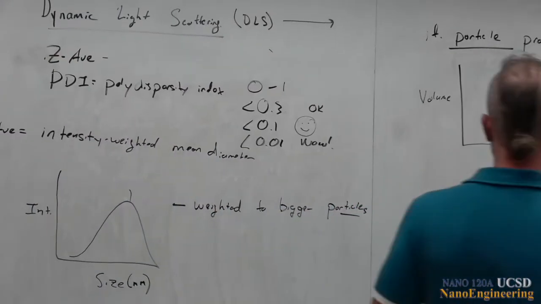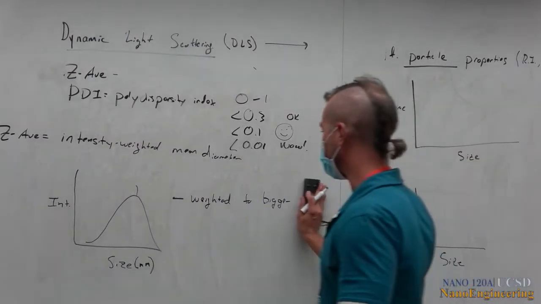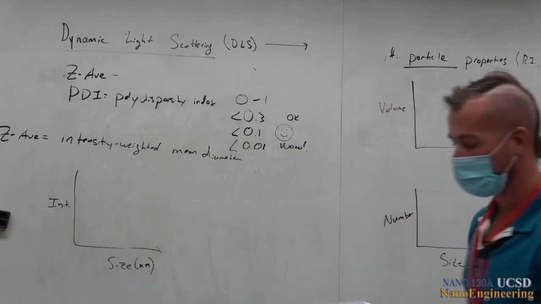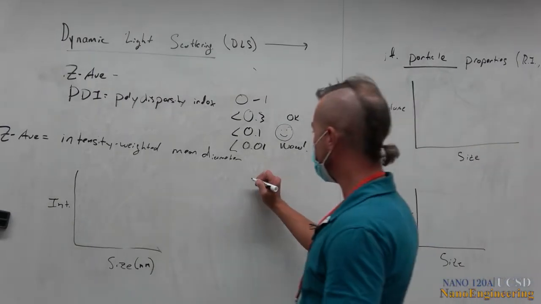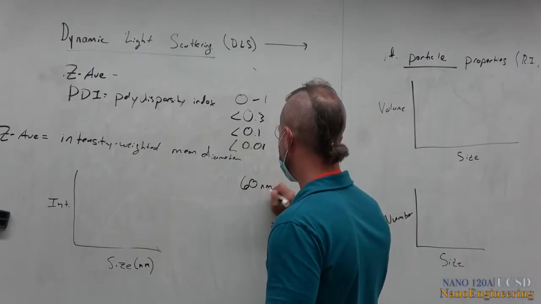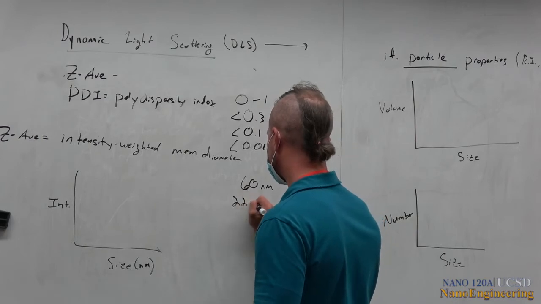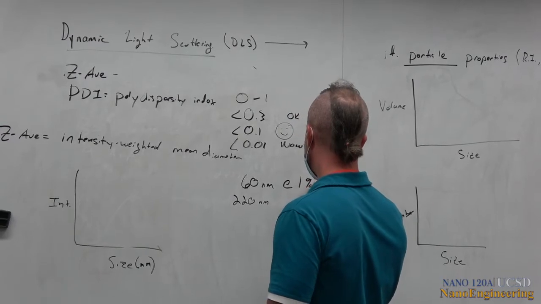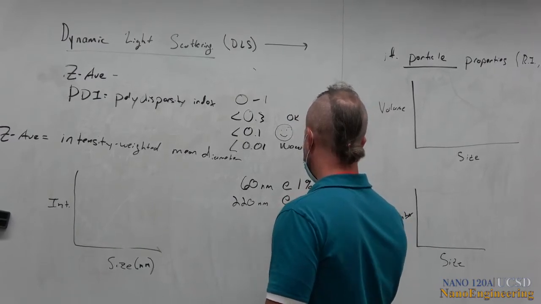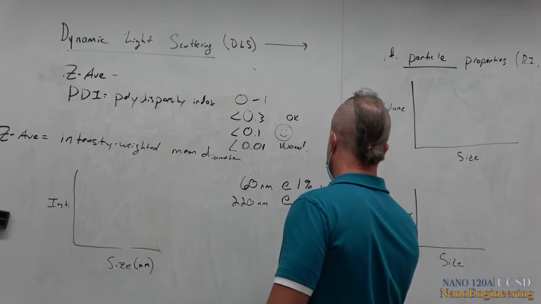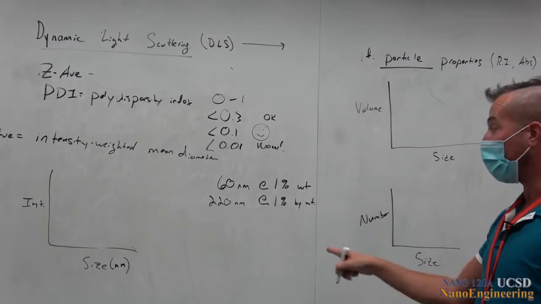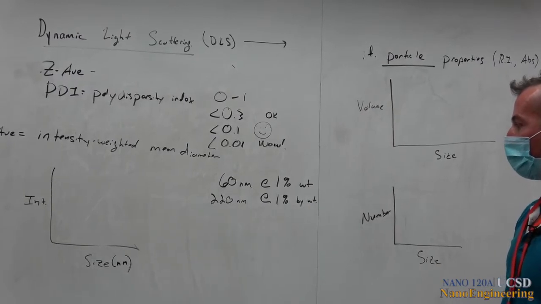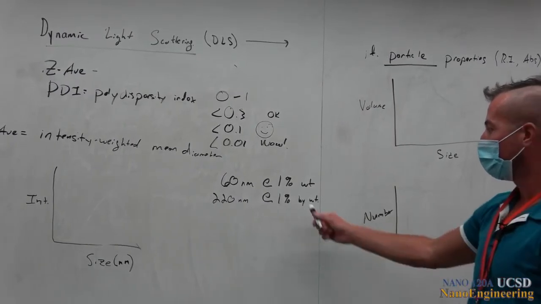So I'm not going to walk you through all of this. It's actually a little bit proprietary. But if you had a situation where you took 60 nanometer particles and 220 nanometer particles at 1% by weight, and you mix these two together, okay? So think about this.